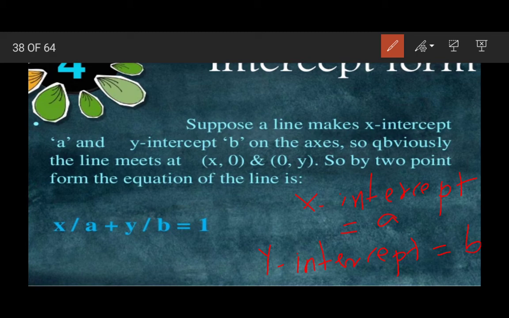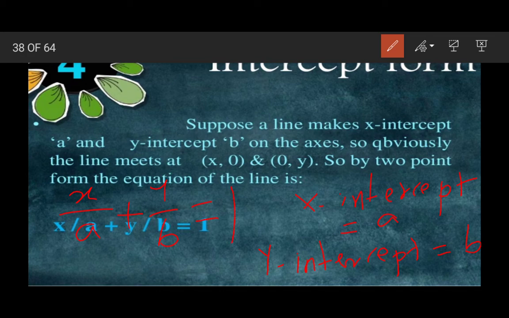A is the x-intercept and b is the y-intercept. Then we can find the equation of a line by using the formula x upon a plus y upon b, that is equal to 1.